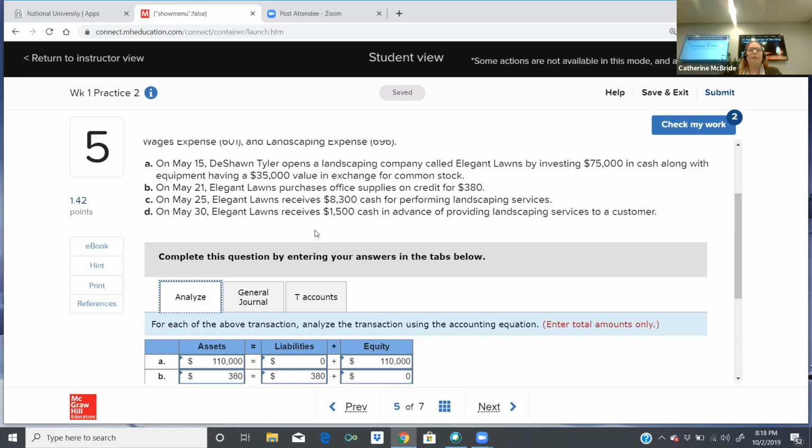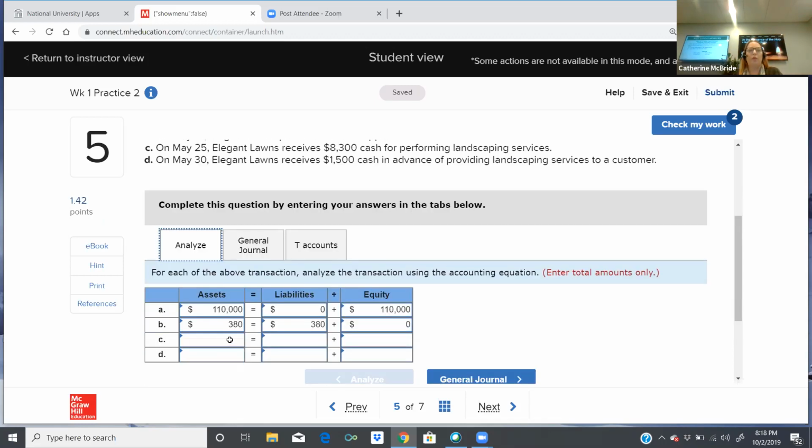If I increase an asset, do I debit it or credit it? I debit it. So I'm going to debit cash. If I increase revenue, do I debit it or credit it? I'm going to credit it. So I'm going to debit cash and credit service revenue.